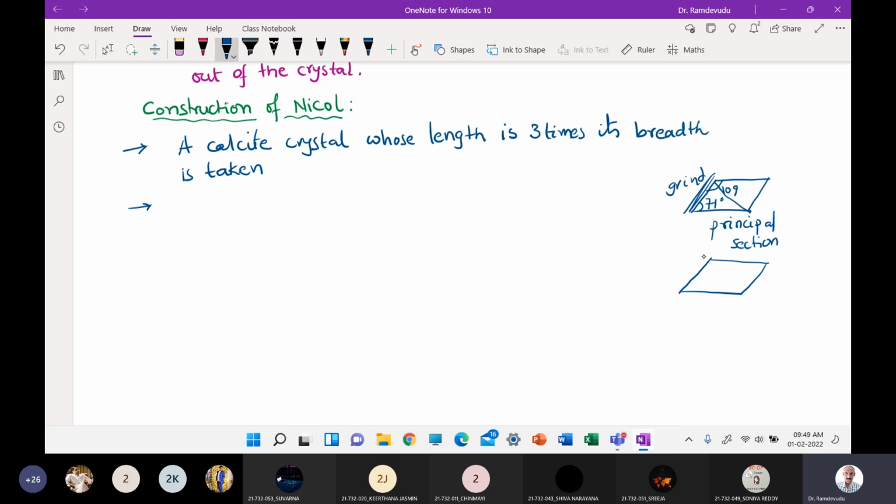Previously it is here, but as I am grinding it, the angles are changed in the principal section. This will increase to 112 degrees, and here I have 3 degrees less, therefore 68 degrees will be there for the Nicol prism.